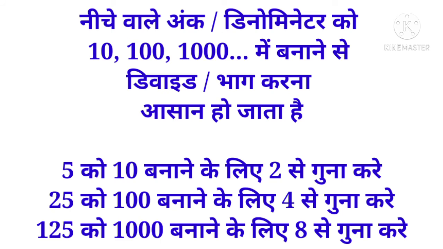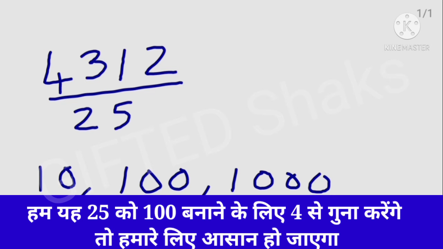If you just make your denominator into 100 or thousands or tens, you just have to place decimals on it. So I will multiply this by 4 to make it 100.